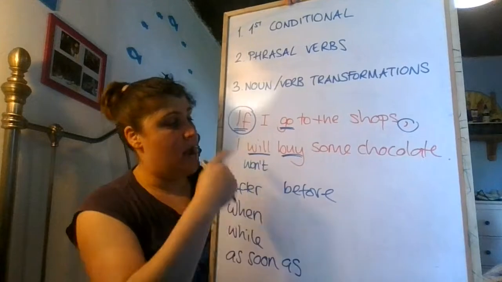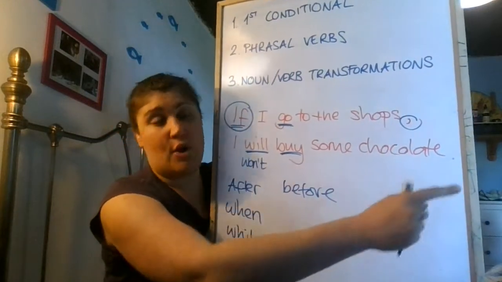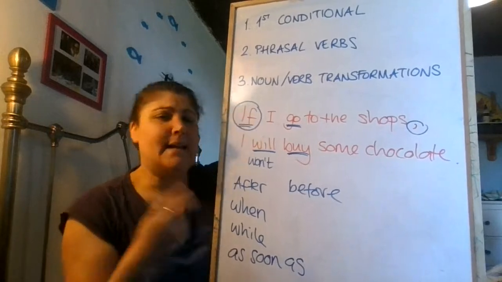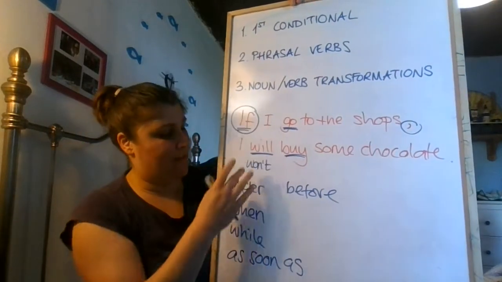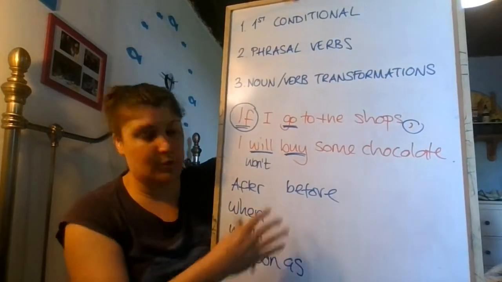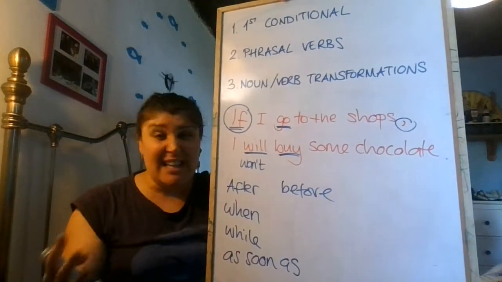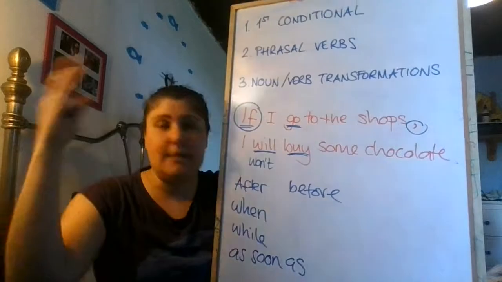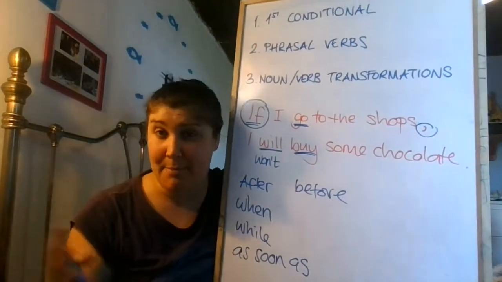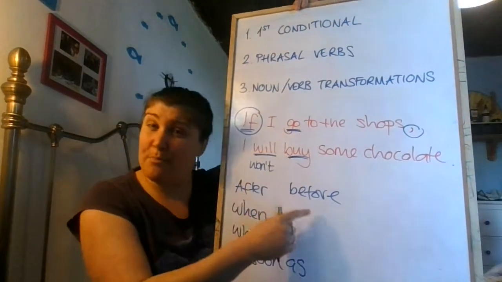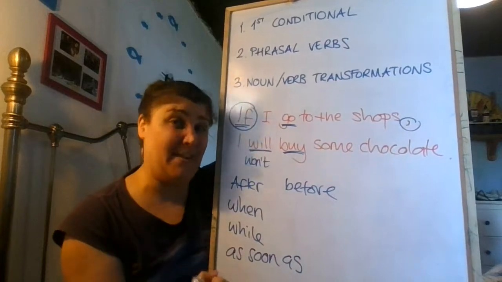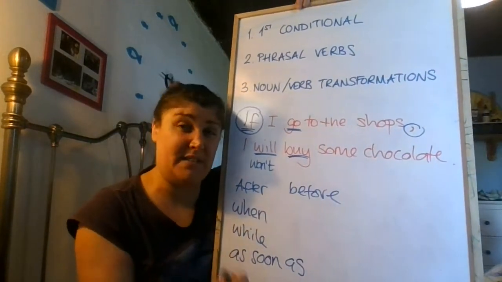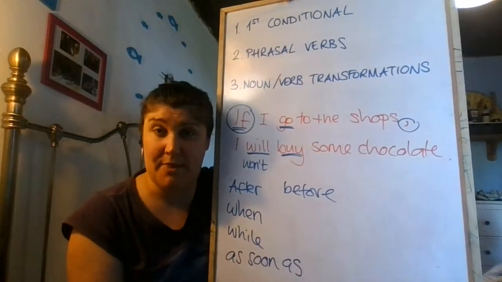The other way, I will buy some chocolate if I go to the shops, no comma. Now, what's the difference between using if, after, when, while, as soon as, and before? Well, it just makes this more specific. If means at some point in the future it's possible it happens. After and before make it more specific. When, while, as soon as, more specific of when we're going to do something.